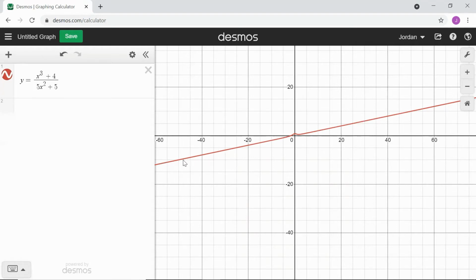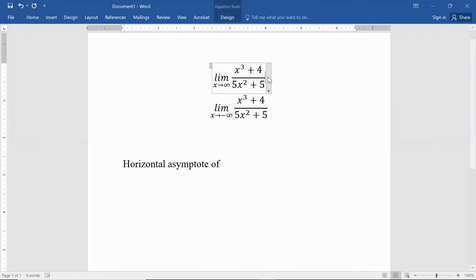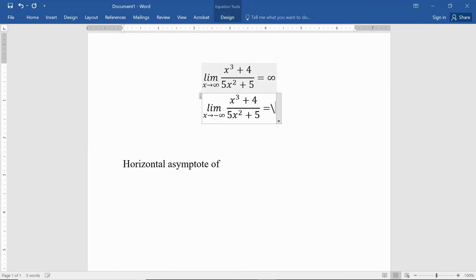As the x value goes to negative infinity, the y value also goes to negative infinity. It gets smaller and smaller and smaller. In terms of the limit of these, we would say the limit as x goes to infinity is infinity. The limit as x goes to negative infinity is negative infinity.